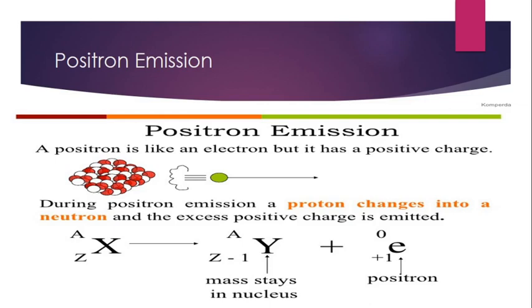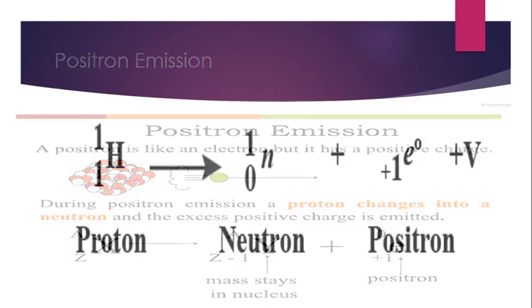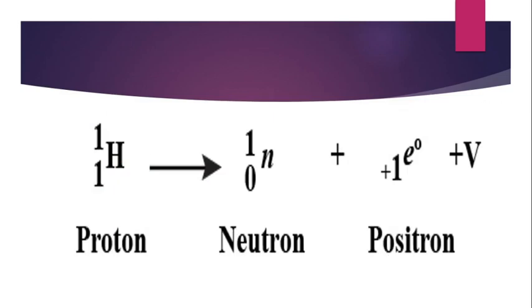This positron is emitted as well as the neutrino also is emitted. Now the proton is converted into neutron means there is a proton got decreased and a neutron got produced. So there is no change in mass number. Now the proton is changed to neutron means atomic number decreases by 1. So Z becomes Z minus 1.